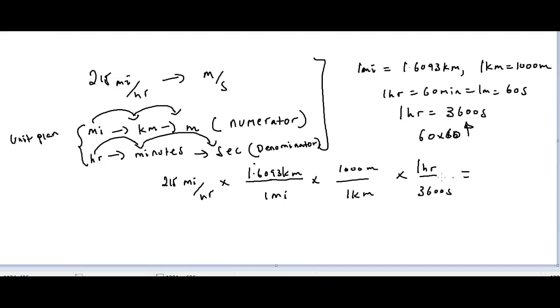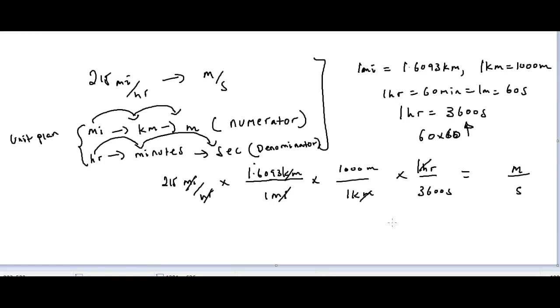Before doing any mathematical calculation, we're going to remove the unwanted units. You can see that hour is cancelled by hour, kilometer is cancelled by kilometer, and mile and mile will be crossed out. What's left from the top is meter, and on the bottom is second. Now we can do the calculation.